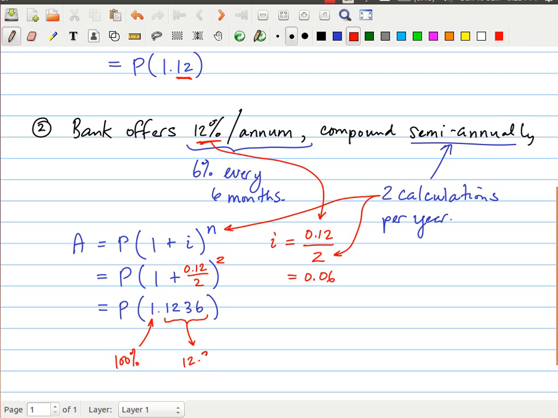So this is 12.36% interest. So in offering us 12% per year, compounded semi-annually, the bank is actually paying us 12.36% interest over the full year because of these 2 calculations.